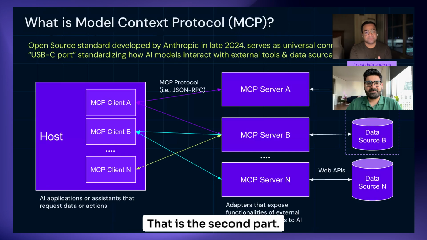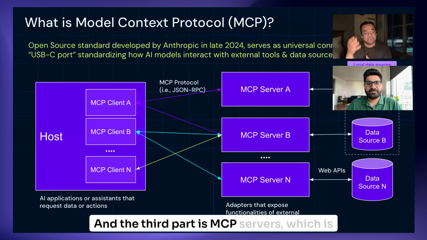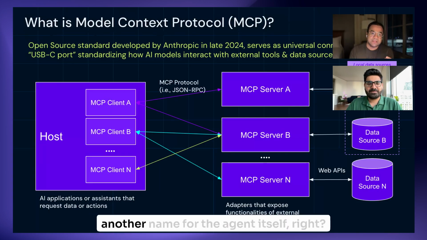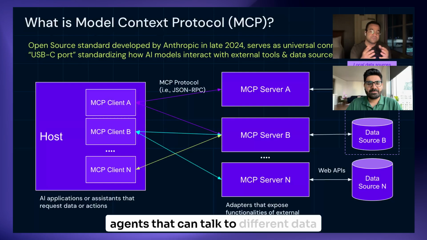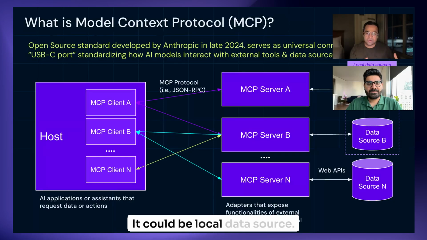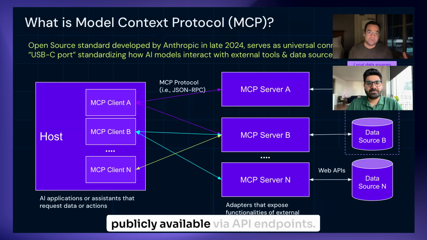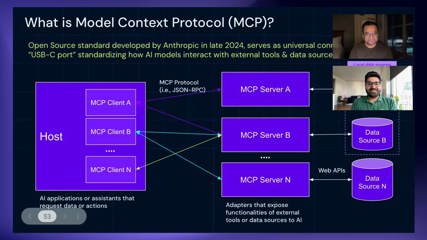That is the second part. And the third part is MCP servers, which is another name for the agent itself, right? You could have multiple MCP servers slash agents that can talk to different data sources. It could be a local data source. It could be data sources which are publicly available via API endpoints.